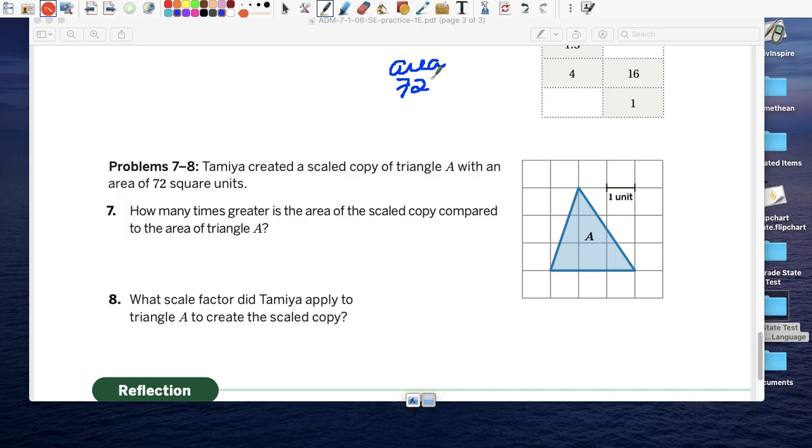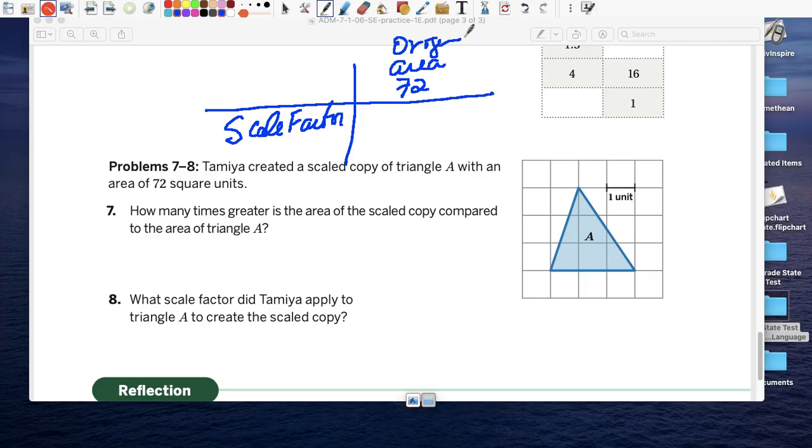Okay. And that then they used, so they made this triangle bigger, right? And they're saying that this, oh, sorry.